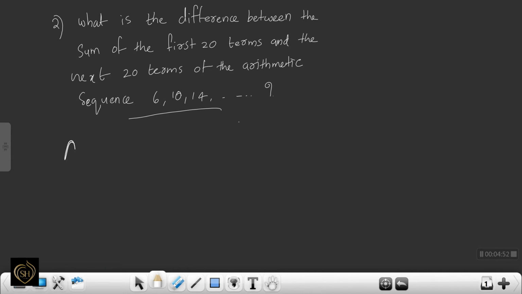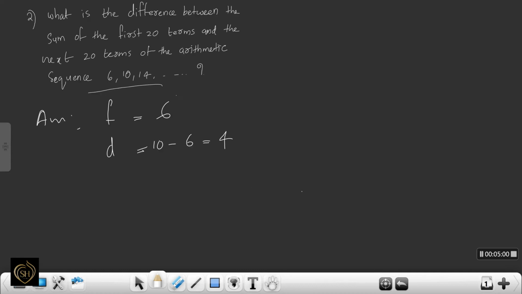Here, first term f is equal to 6 and the common difference d equals 10 minus 6, which is 4. First we are going to find the sum of the first 20 terms of this sequence, S20. S20 is equal to, we have the formula n by 2 into 2f plus n minus 1 into d.